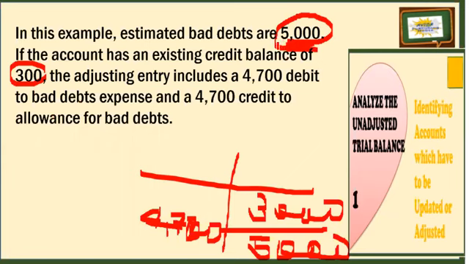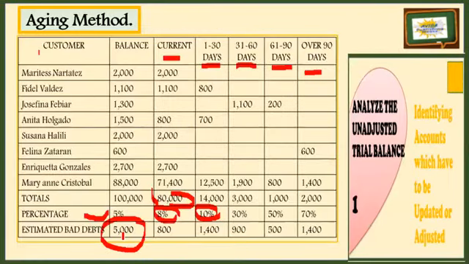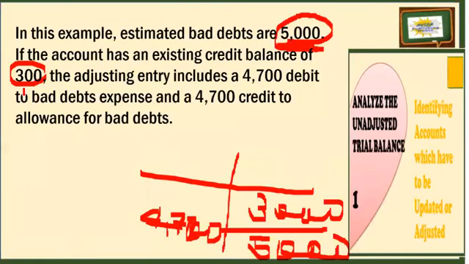So the ending balance should be the estimate based on receivable, which is 5% of the total accounts receivable at the end, but there has already been a credit of 300, therefore 4,700 will be the adjustment.